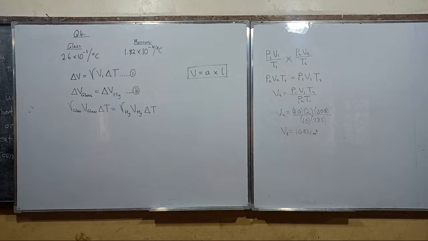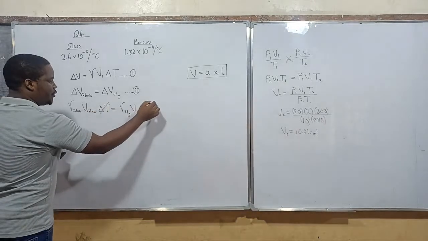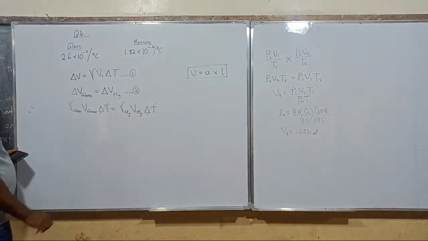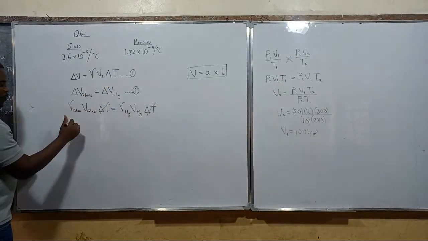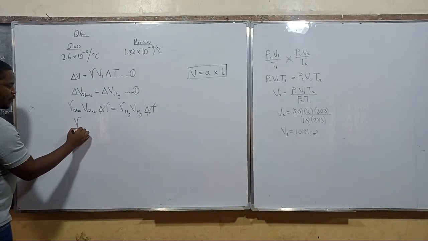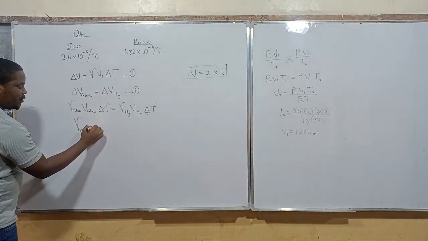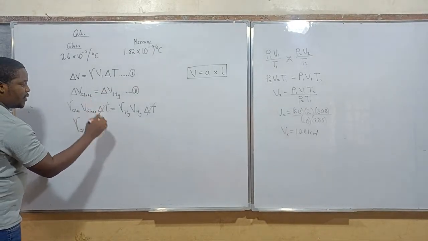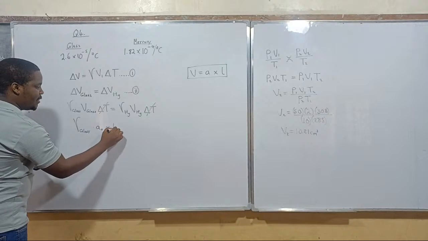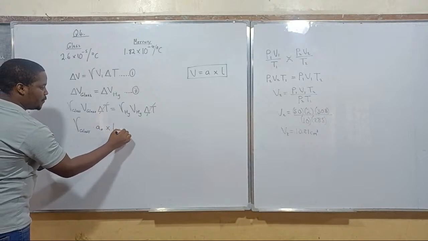Now we can clearly see that on both ends we have the change in temperature. So dividing both sides by the change in temperature, it will just cancel out. So we have gamma for the glass times the volume of glass, which is given by area multiplied by the length of the same glass we're talking about.